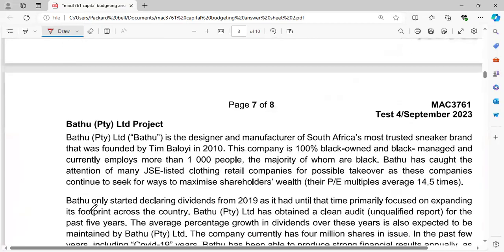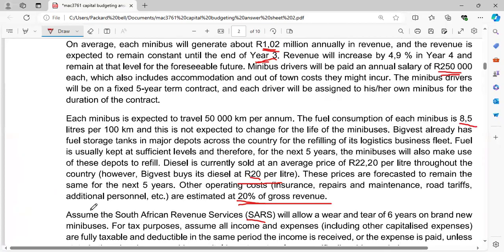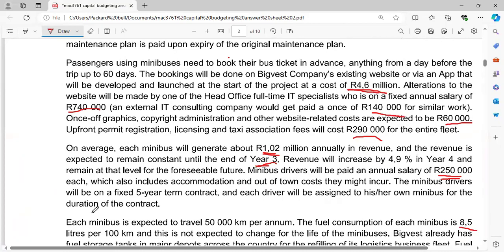Under the revenue, they say on average, each minibus will generate about 1.02 million annually in revenue, and the revenue is expected to remain constant until the end of year 3.